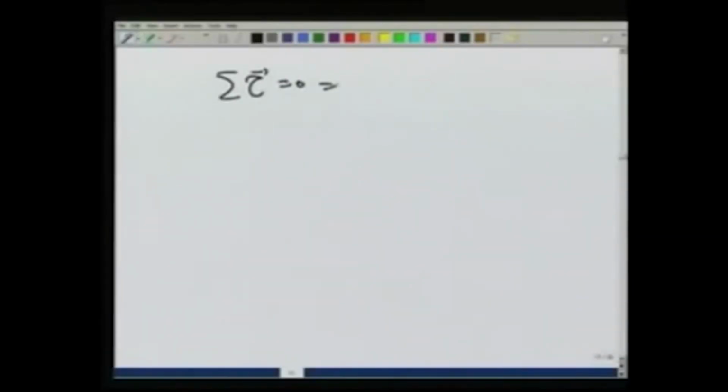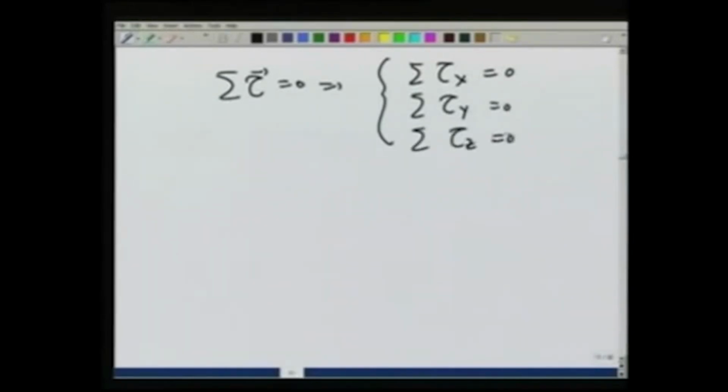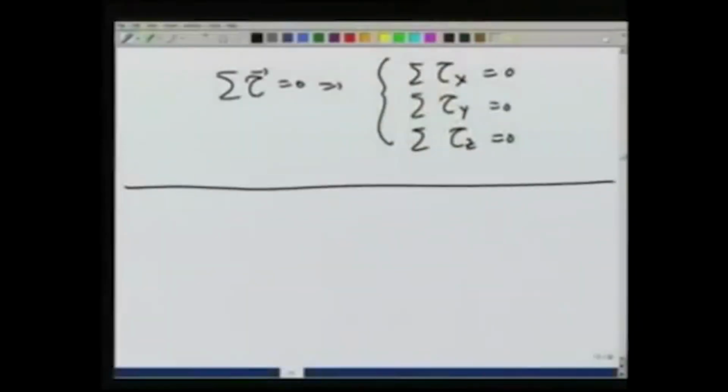Similarly, the condition that summation tau vector is 0 implies that summation of all the torques along the x axis is 0, summation tau y is 0 and summation tau z is 0. Similarly, now that we are talking about 3-dimensional cases, the engineering elements also have to be considered in view of 3-dimensionality, and they can apply forces in all 3 directions.